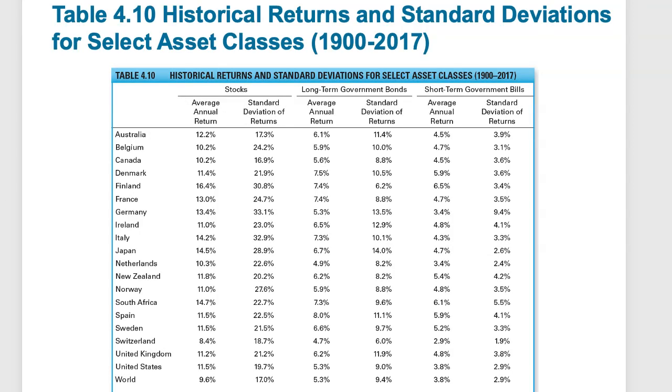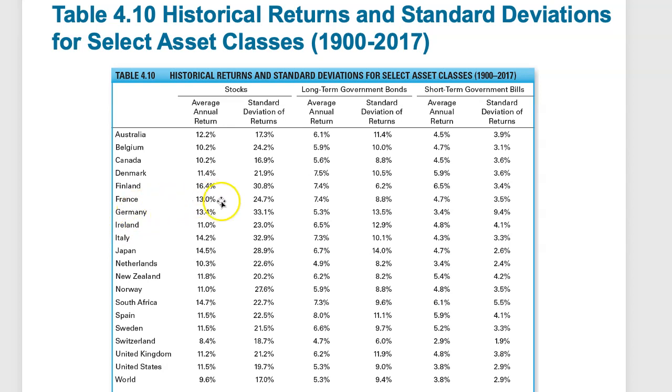So here's another chart. If it's hard to read in this presentation, you can always find the PowerPoints backed up on the course site, and the textbook always includes these same charts.